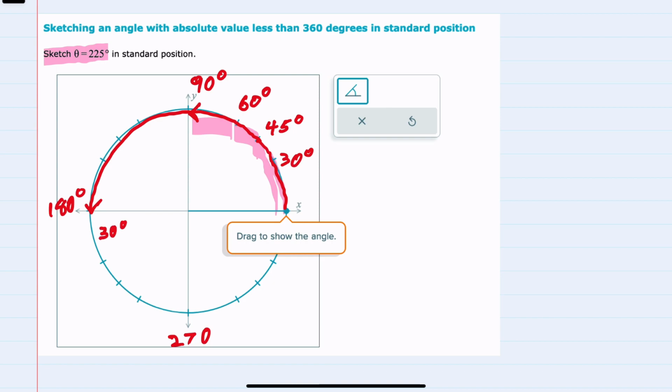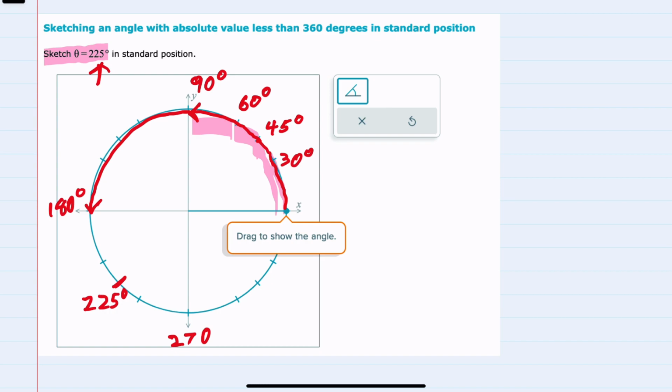Adding that to our 180 puts us at 210, not quite our 225, but the increments after that first 30 degrees become 15 degrees. So here's another 15 degrees. And when we add that to the 210, this is our 225 degrees. It's the middle tick here. It's exactly in the middle of 180 and 270 degrees.